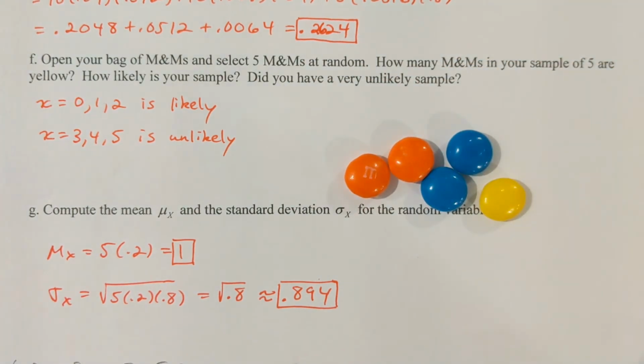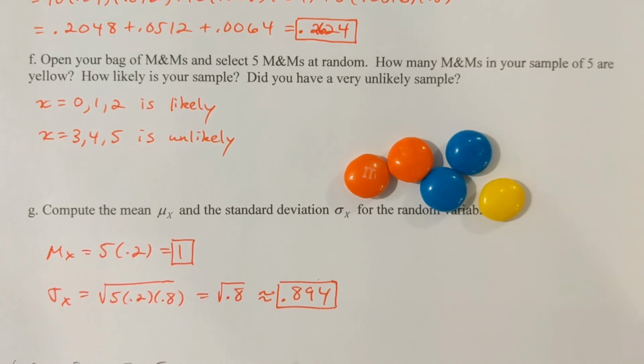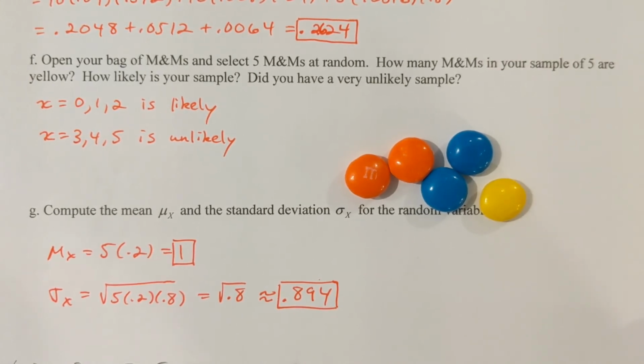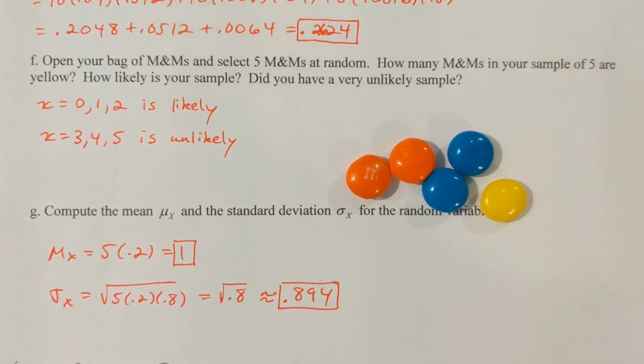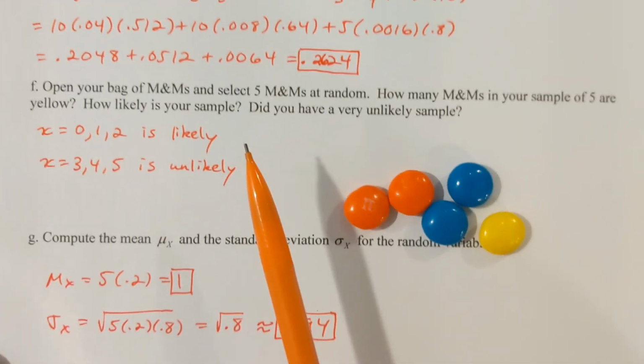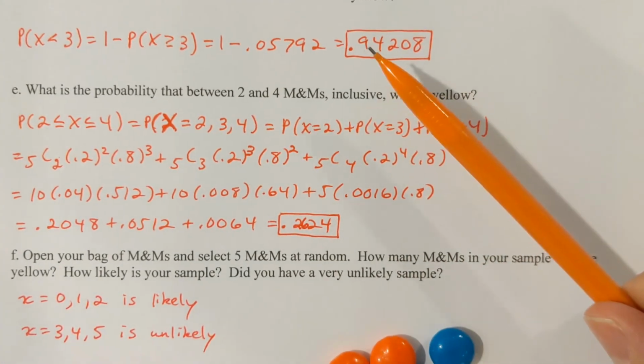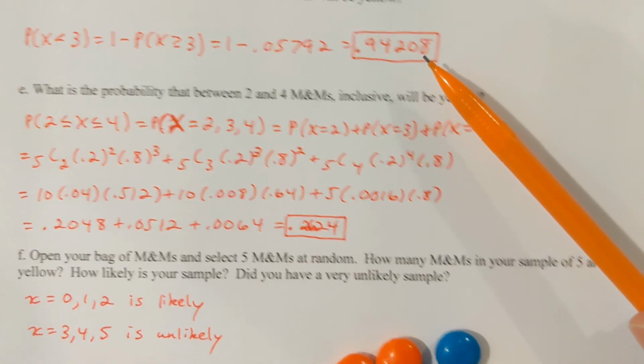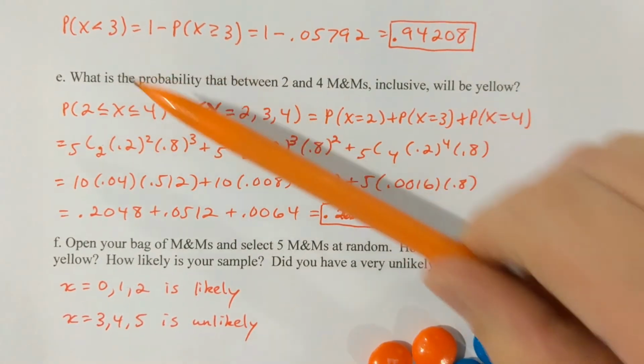Now, how likely was the sample? Well, in class usually nearly half the class gets either no yellows or 1 yellow, or I might have 1 or 2 students get 2 yellows. That's pretty likely to happen, since from our calculations here, we have a 94.208% chance of getting fewer than 3 yellows.